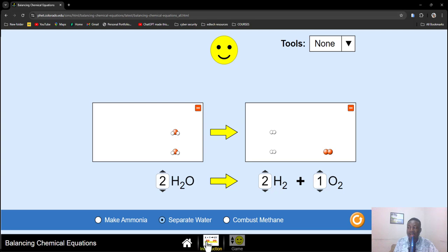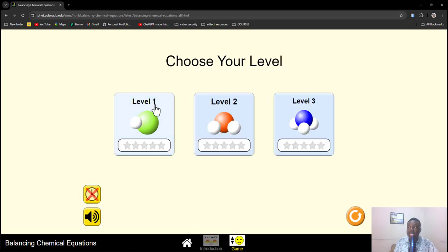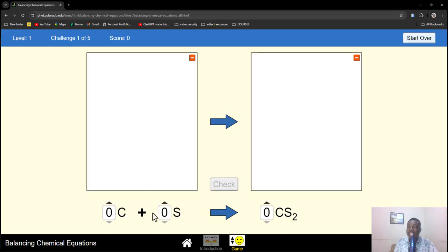So after the introduction here, I can come to games, level 1 game, and here we are doing some sort of balancing. So you can see carbon, sulfur in here, but sulfur here is 2. So we can now increase this and make it 2.